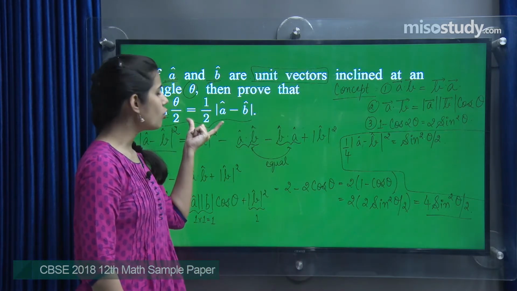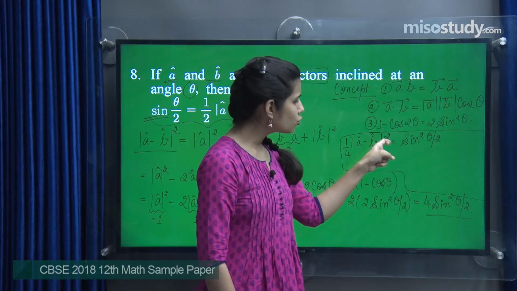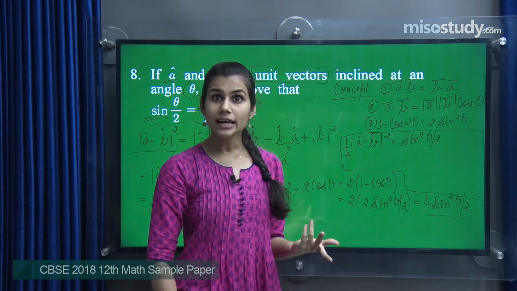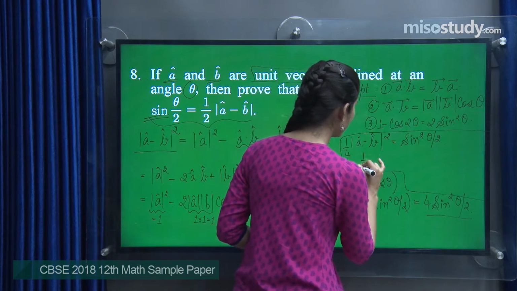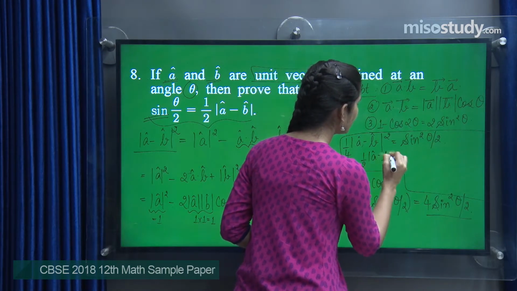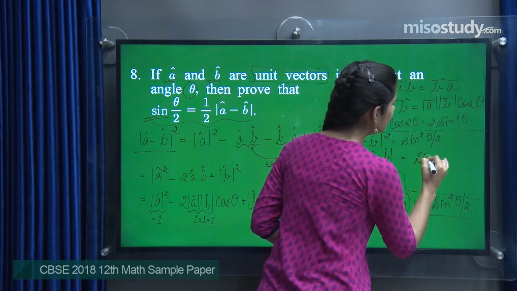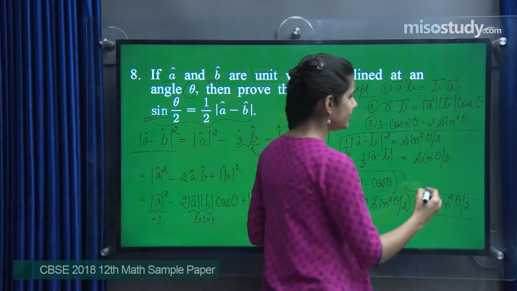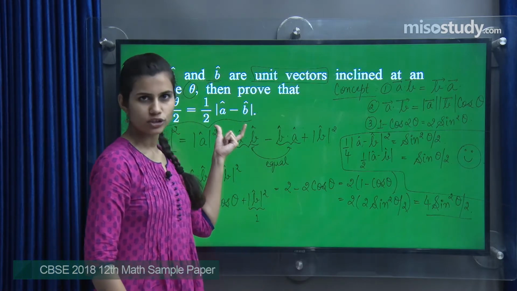Somehow we are close to obtaining what we want, but this 4 should become 2, this 2 should vanish, and somehow this 2 should also vanish. Why not take the square root? Well, when you take the square root, what happens? You get 1 by 2 mod of these two vectors, the square vanishes, and here you get sine of theta by 2, and that gives you your solution.